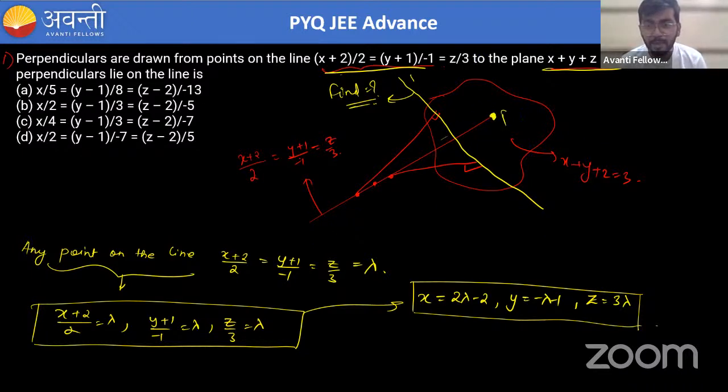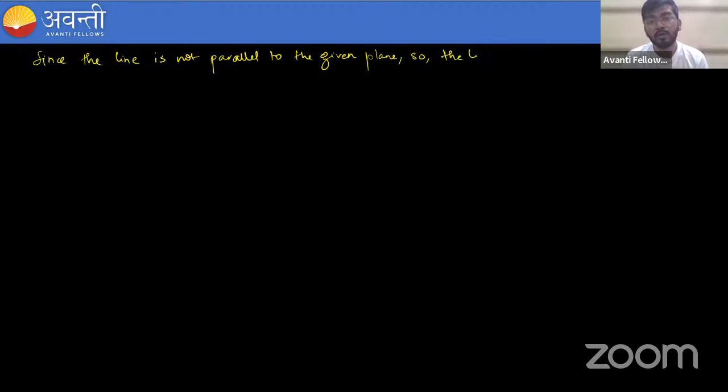Let us say that point is P. Since the line is not parallel to the given plane, the line will intersect the plane at a point.